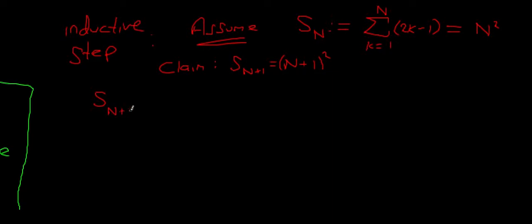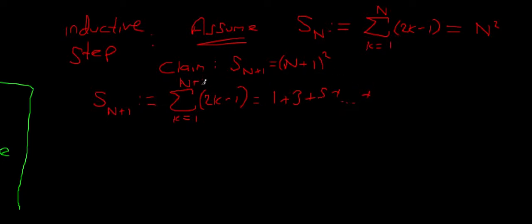So Sn plus 1, by definition, when we have the colon followed by the equals, this means by definition, is equal to the sum from k is 1 to n plus 1 of 2k minus 1. So this is like 1 plus 3 plus 5 plus all the way to, sorry, this should be n plus 1.